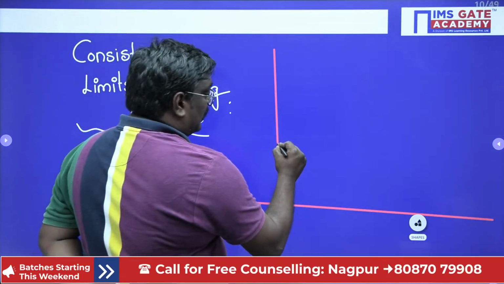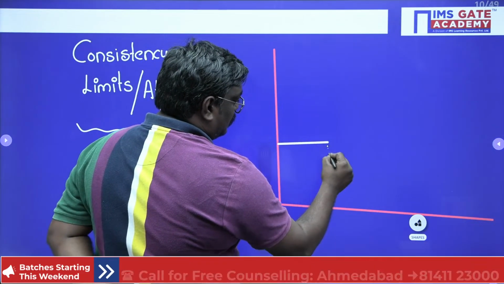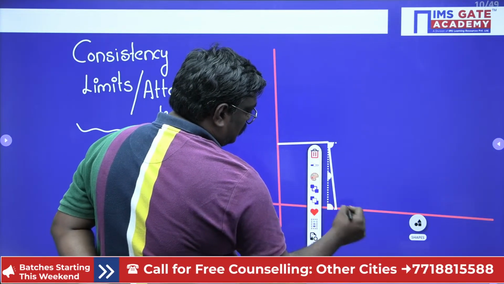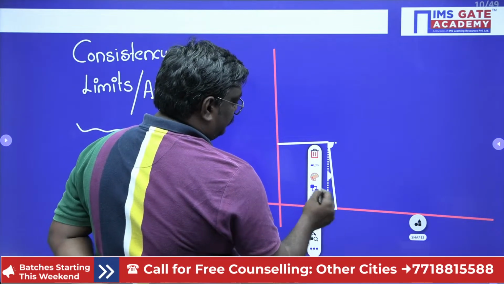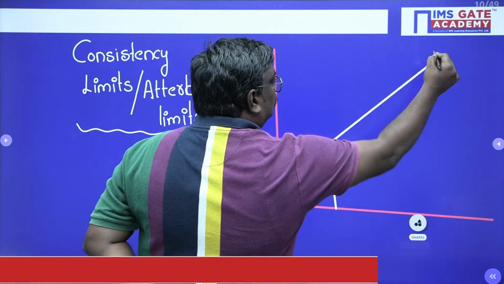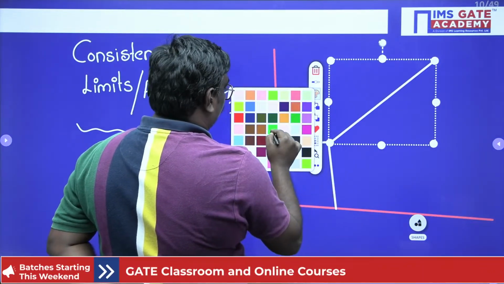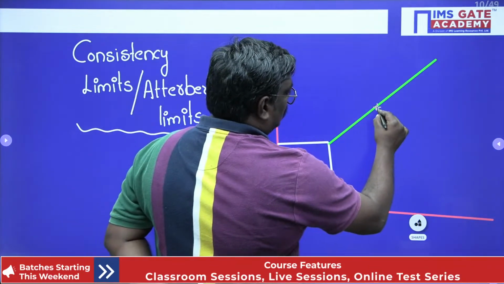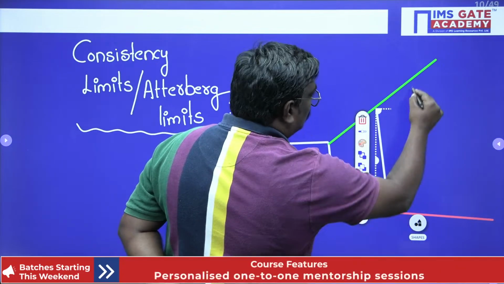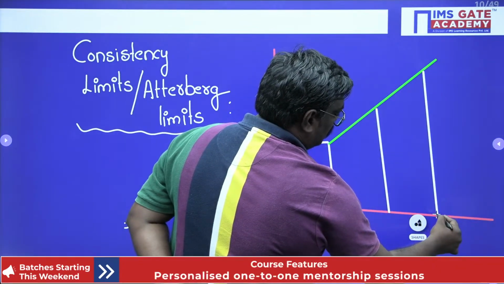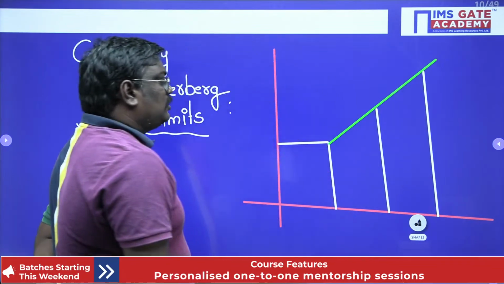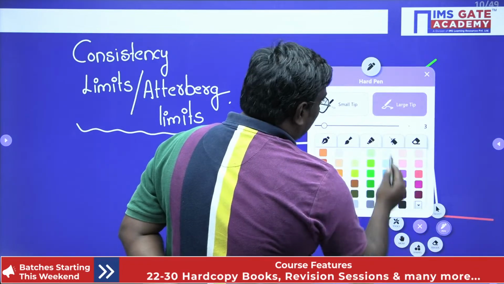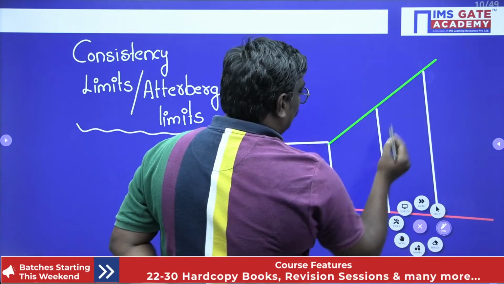Let us draw this graph. Suppose we will understand from this graph what the consistency limits are. Let me draw this diagram, students, then you will get an idea.